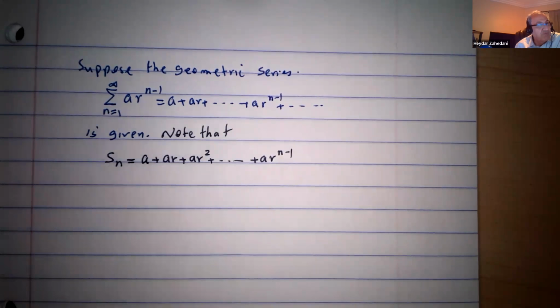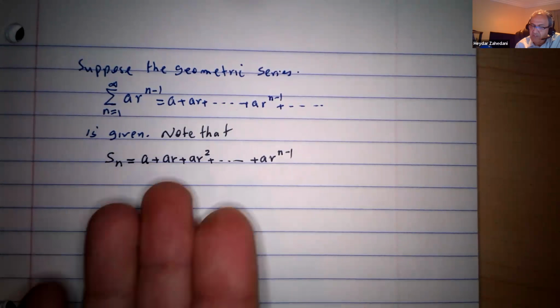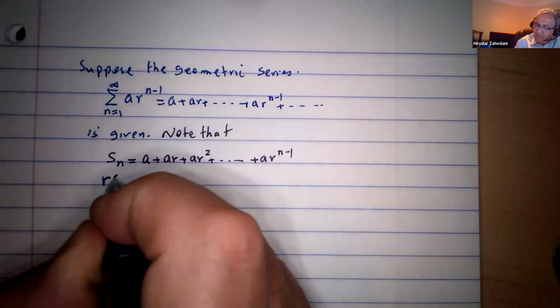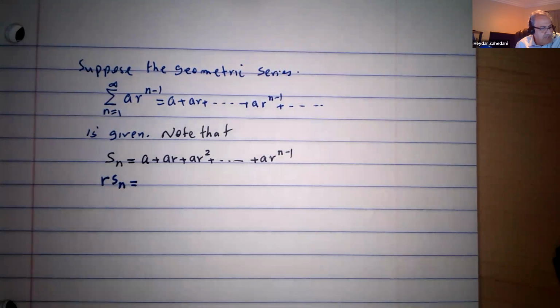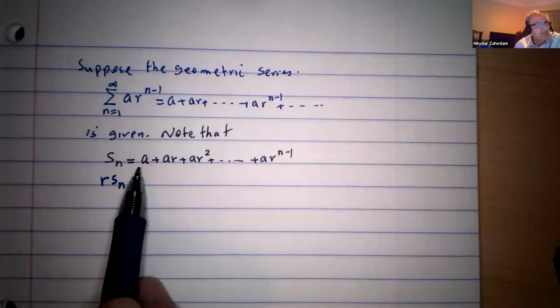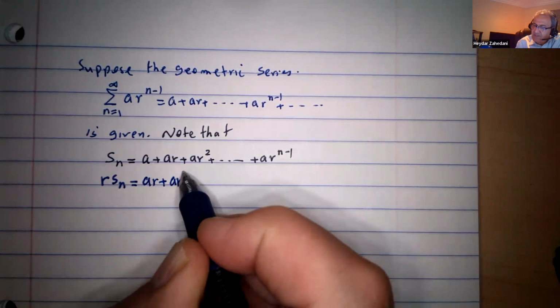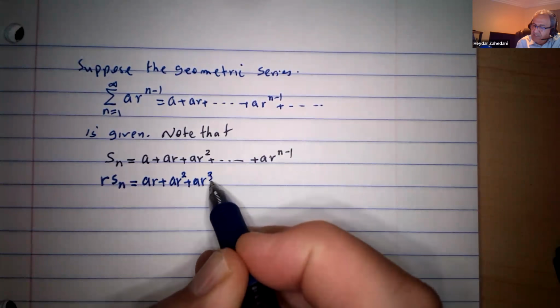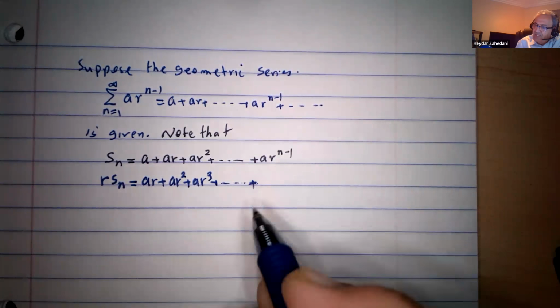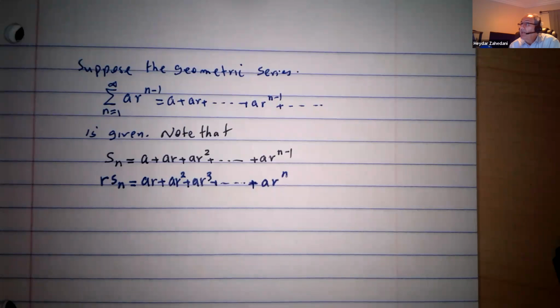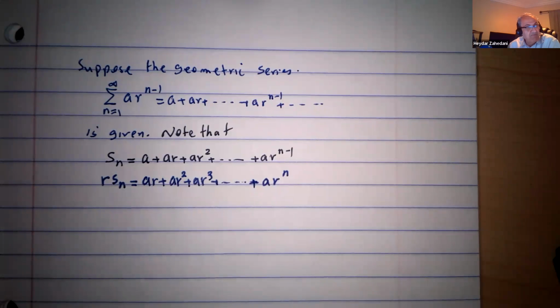I want to change this to a format where I can find its limit. I can't do it now, so I'm going to use a special trick. I'm going to multiply both sides by R. Multiply everything by R. This would be ar, this would be ar squared, this would be ar to the third, etc. And the last term would change to ar to the n, because when you multiply by R, you increase the power of R by 1 unit.